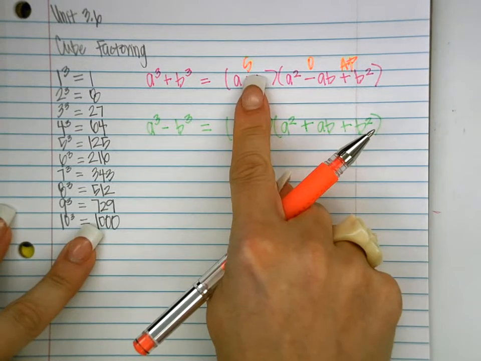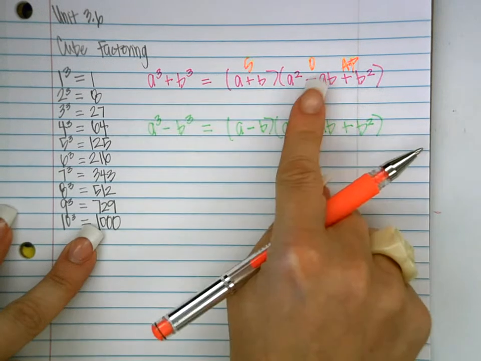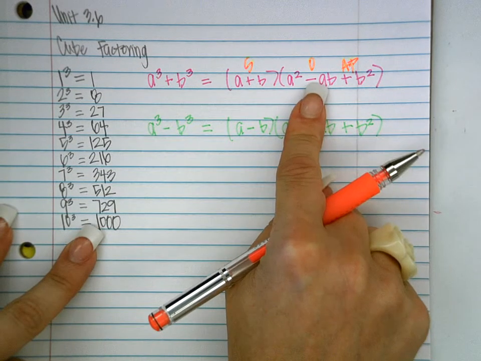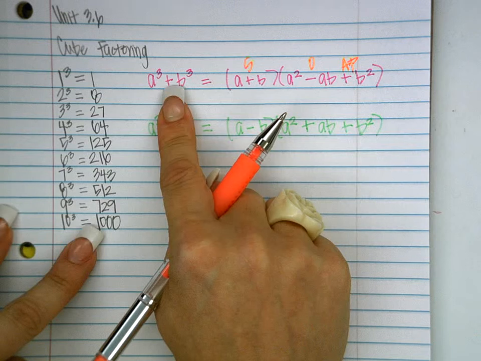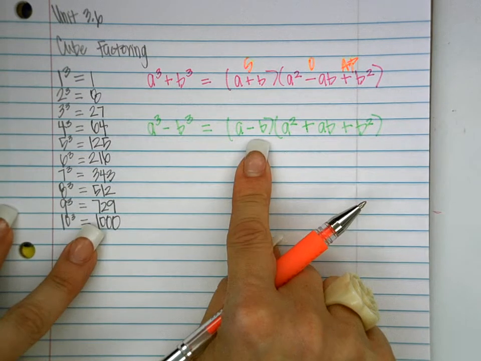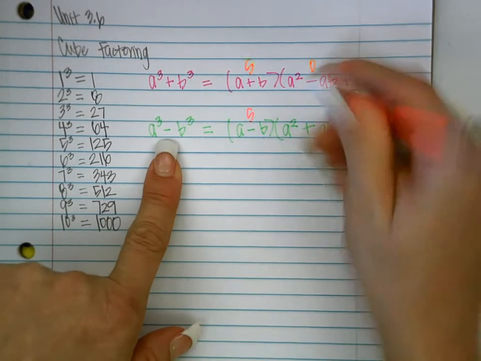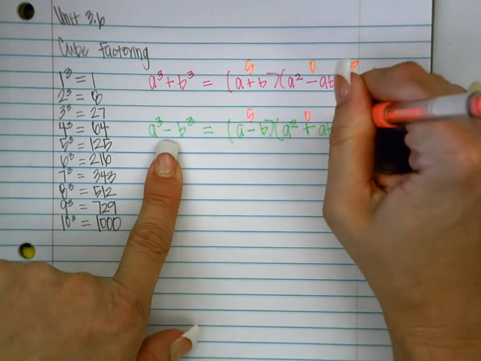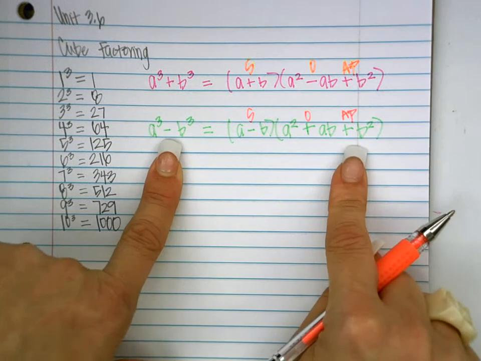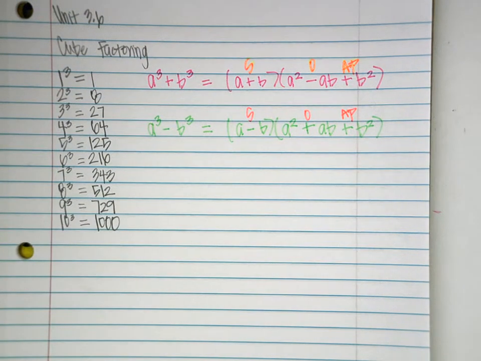S refers to the same sign as what you started with. O stands for opposite, so the opposite sign of what your initial problem was. AP, always positive. So put in your SOAP signs: same sign, opposite sign, always positive. Hopefully that will help you at least put in the correct signs.